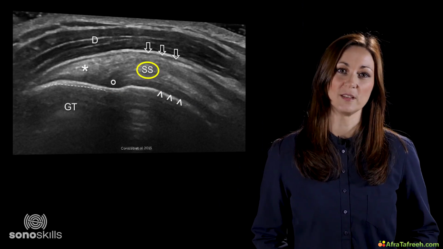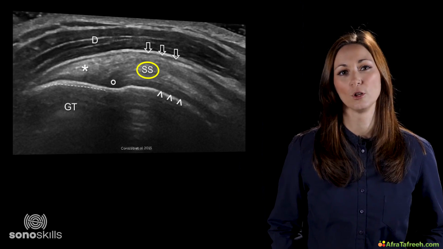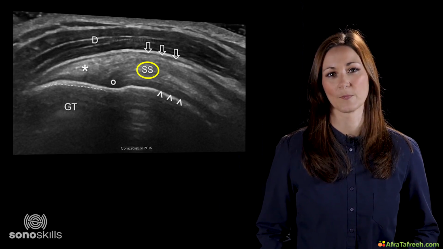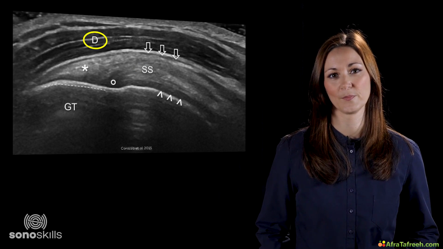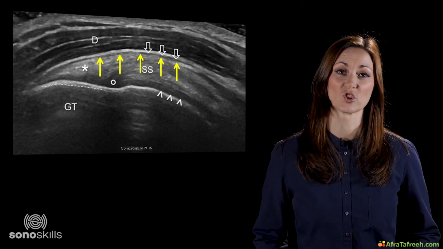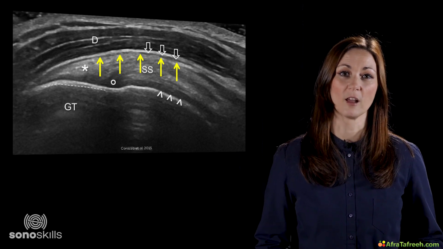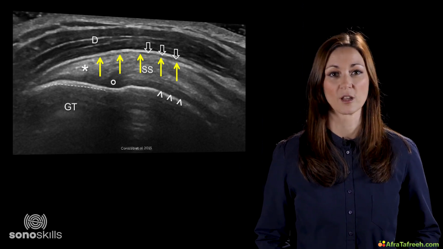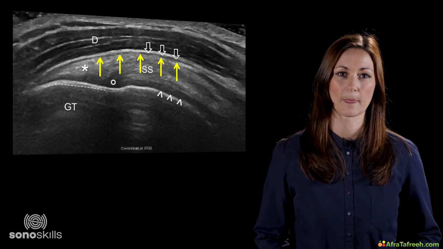The myology shown in the images is the longitudinal long axis of the supraspinatus and the deltoid muscle. The subacromial subdeltoid bursa is shown as a long hypoechoic line between the two hyperechoic bursa blades.